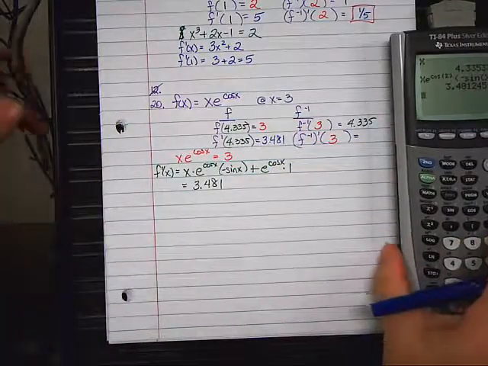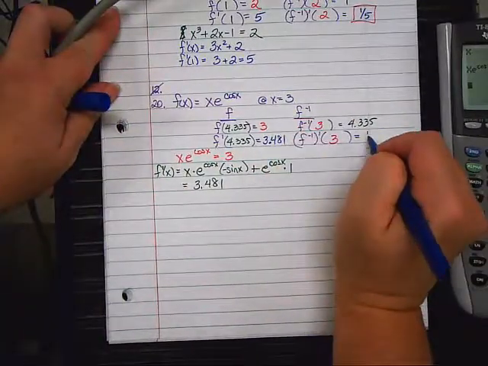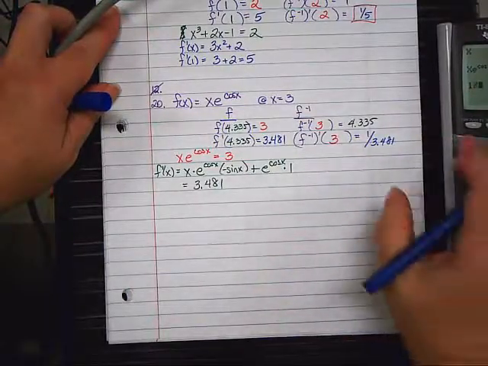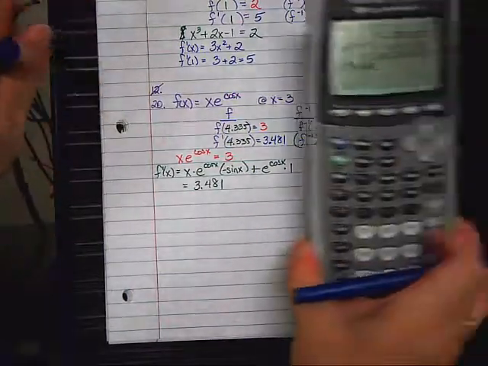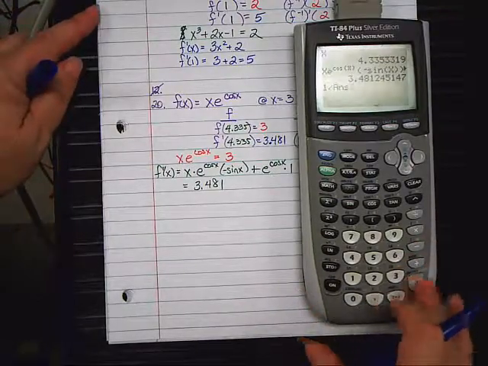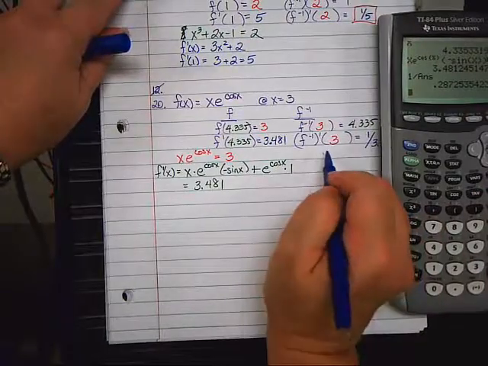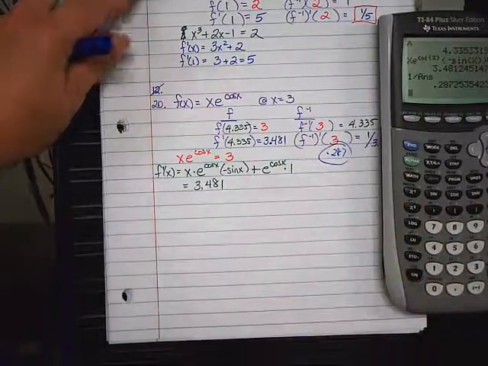And so the final answer you can leave as an ugly decimal, 1 over 3.481, or you could do 1 divided by answer, and there is the exact answer, which is 0.287.